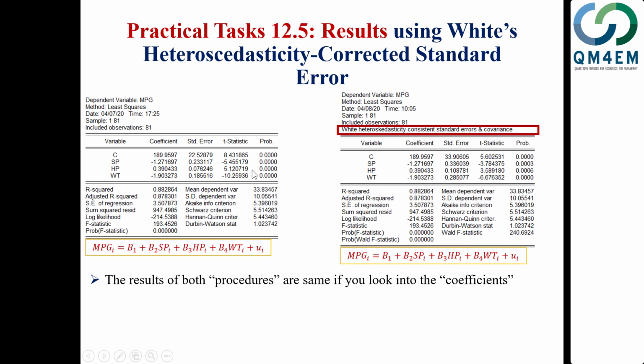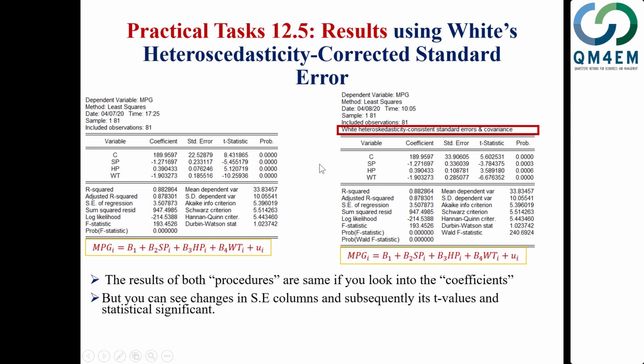Why are they different? Because the t-statistic is obtained by dividing the coefficient by the respective standard error, and when the standard error changes, the t-statistic values change, and when the t-statistic values change, the probability values will change, and these are now more trustworthy results. So we are going to trust these results now instead of the original model.